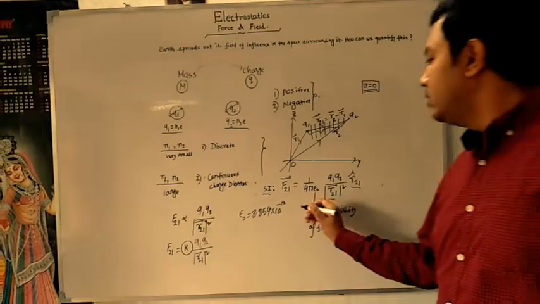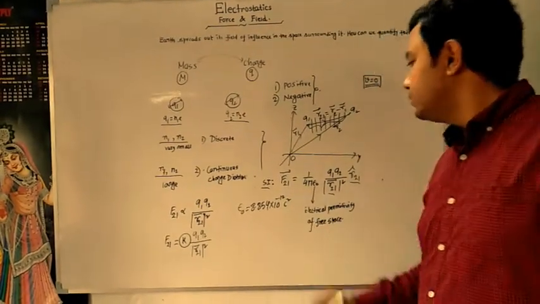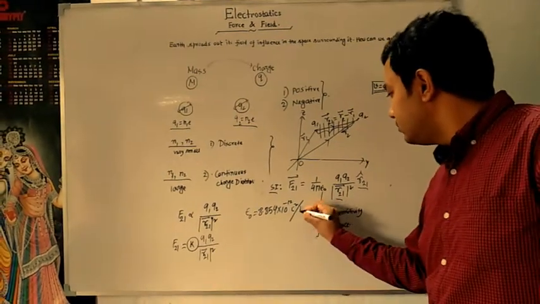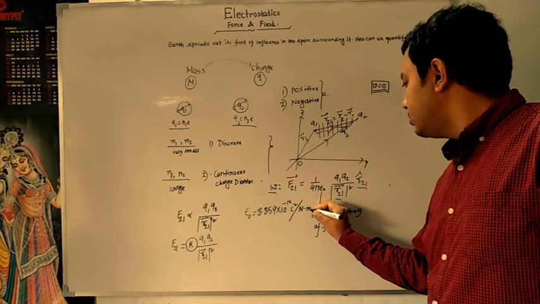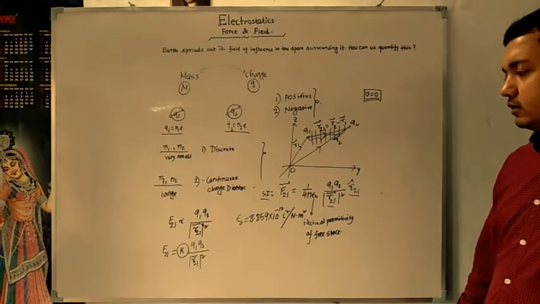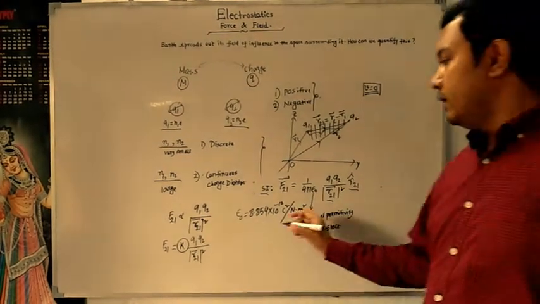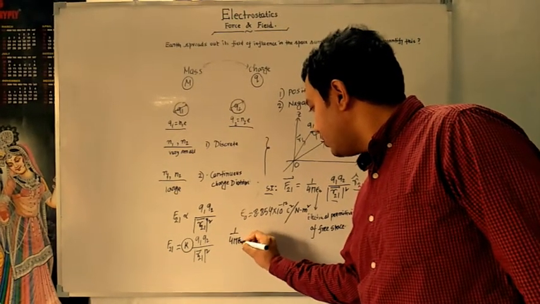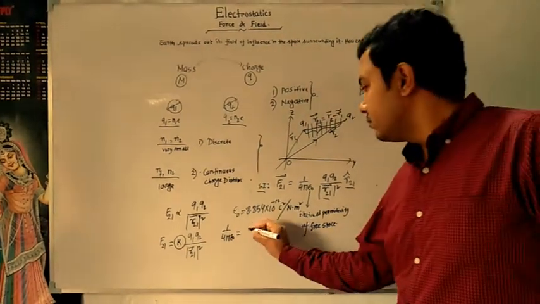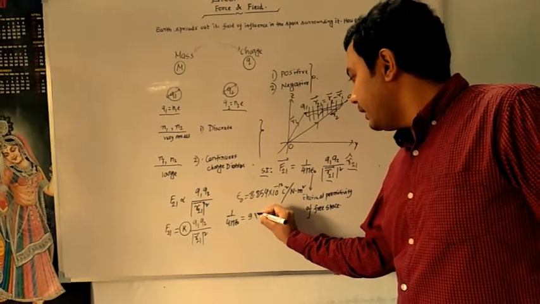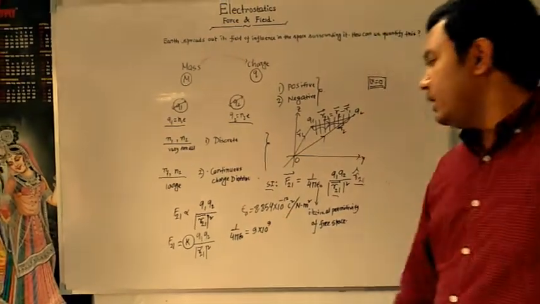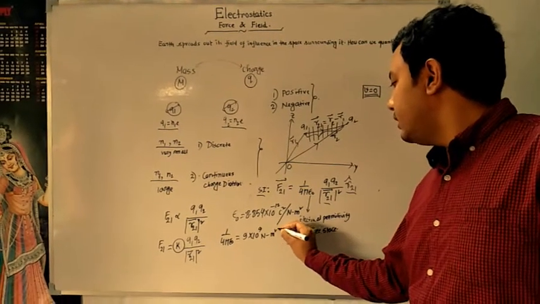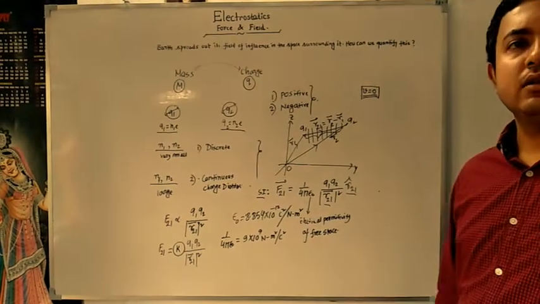Hence the unit is coulomb squared per newton meter squared. When we calculate the value of 1 by 4 pi epsilon naught, its value will be almost 9 into 10 to the power 9, and its unit will be newton meter squared per coulomb squared.